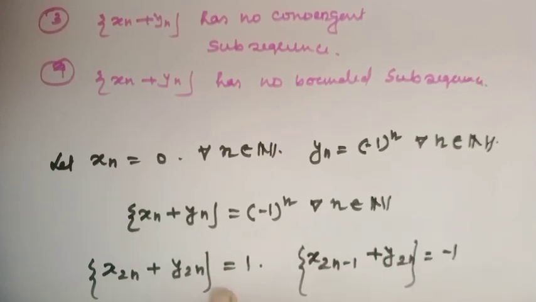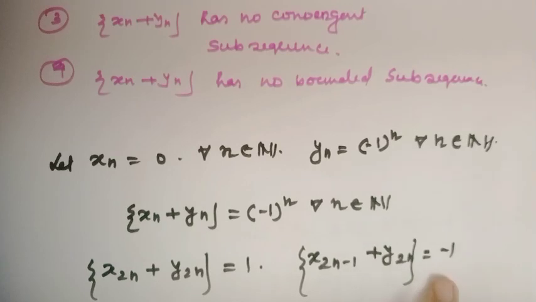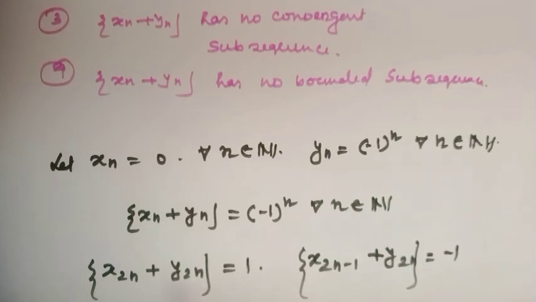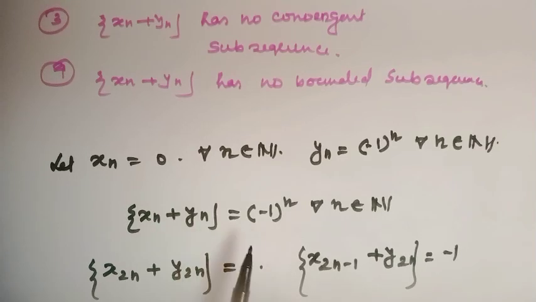This subsequence is a constant sequence, so it must be convergent. This subsequence is also a constant sequence, so it is also convergent. That means both subsequences are convergent but the main sequence is not convergent.